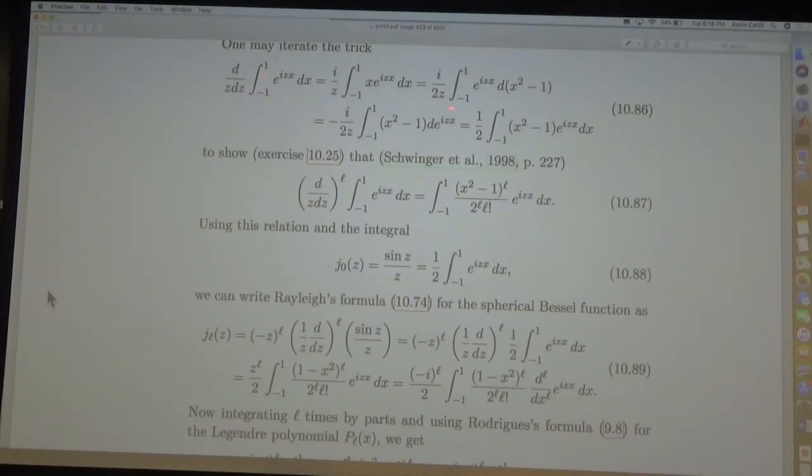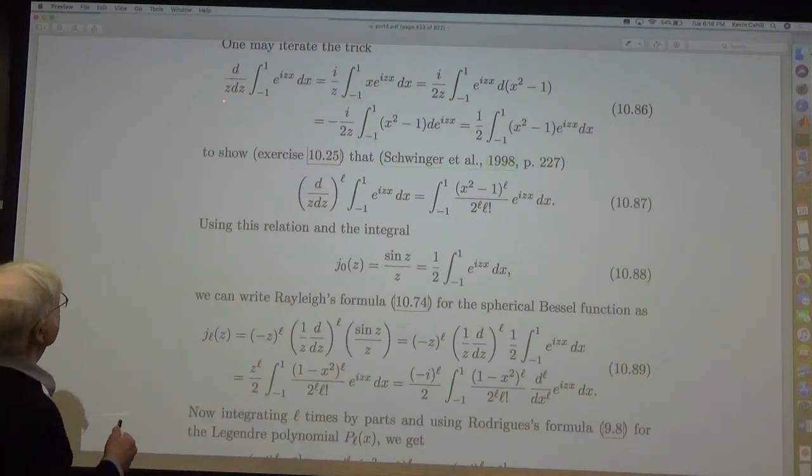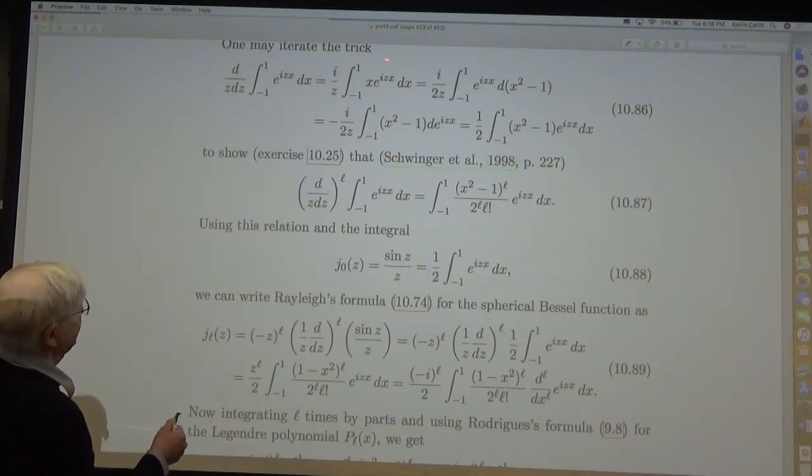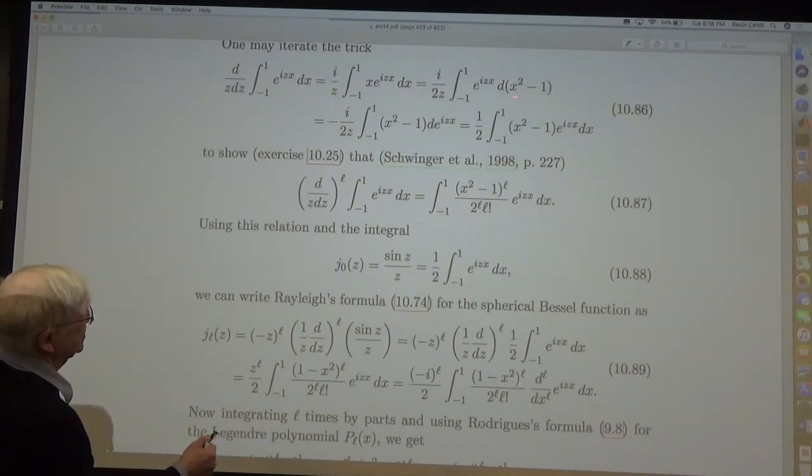Anyway, here's a typical Schwingerism. Do you want to go through this in detail? What do you think? All right, let me just go through it quickly then. This is just 1 over z d by dz of that. Well, that's pretty clear what happens. And then here's the trick. x dx is the differential of this.